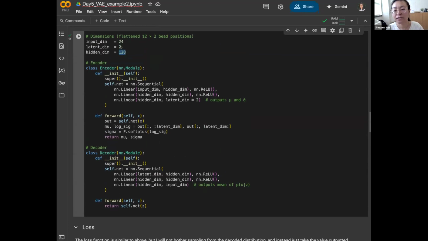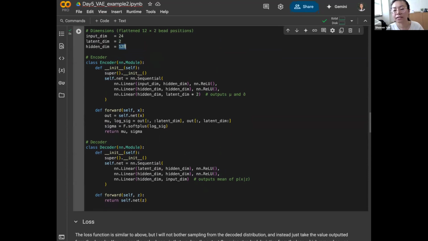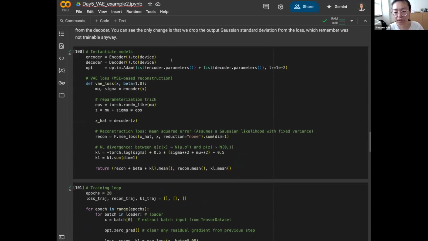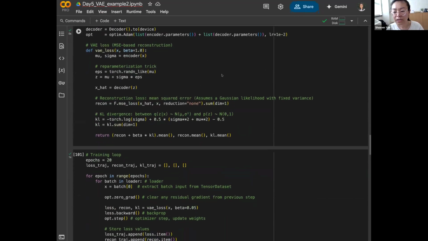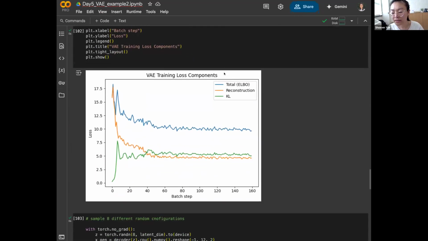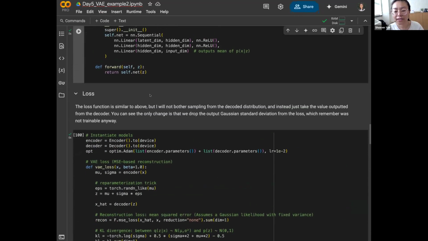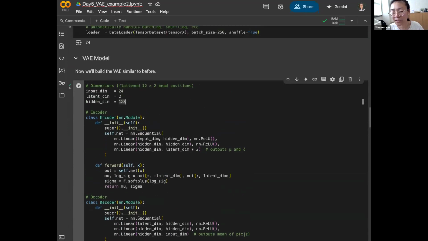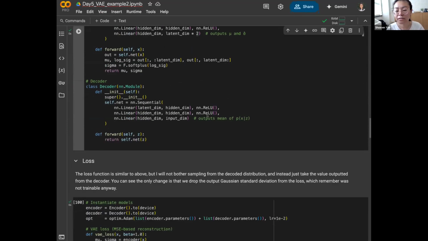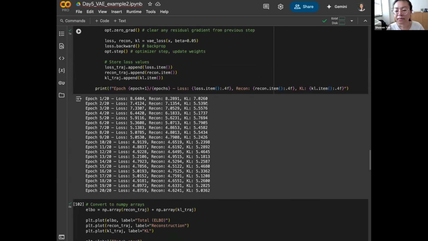I played around with a few things, starting with the latent space hidden dimensions. I didn't change the number of layers. I think it was already 2, but I played around with more, and the hidden dimension used to be 256 and I made it less, so basically making the network smaller. Maybe I changed more than one variable at a time. I don't think changing the hidden dimensions changed all that much, but increasing the dimensions earlier got a better fit.